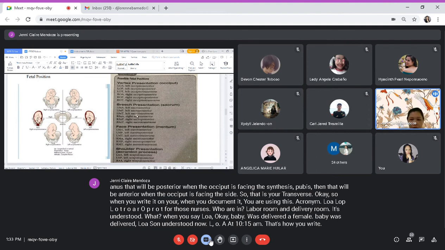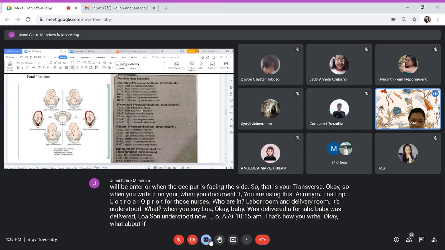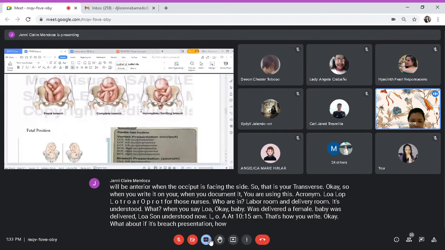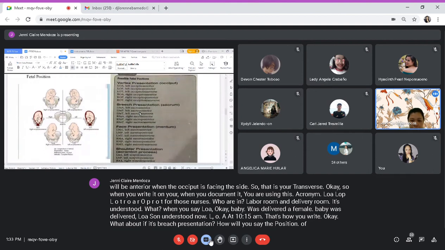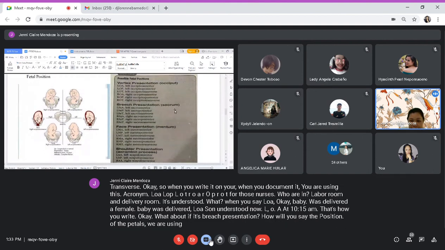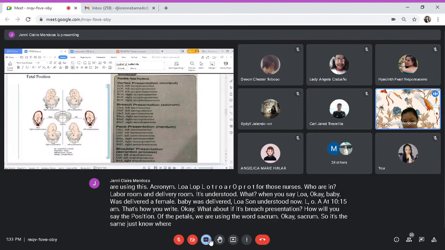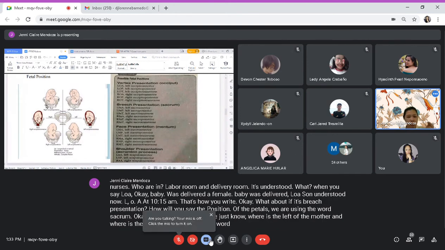What about if it's breech presentation? How will you state the position of the fetus? We are using the word sacrum. It's the same. Just know where the left of the mother is and where the right is. That's the first word, left or right.